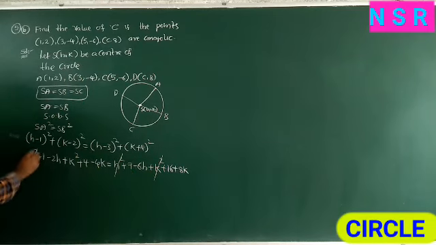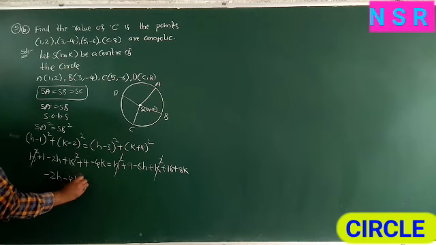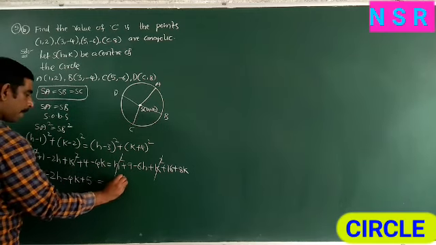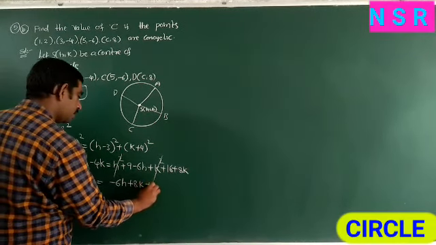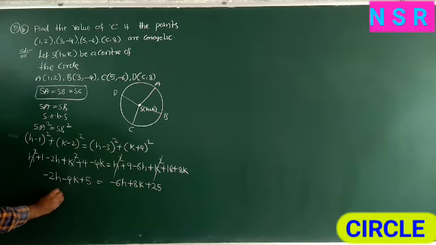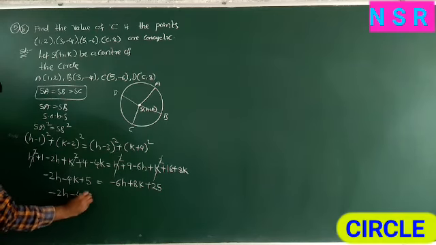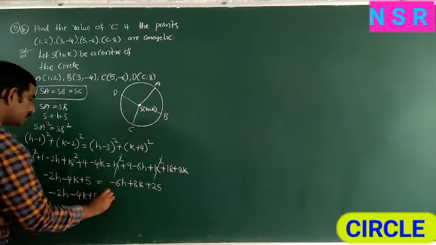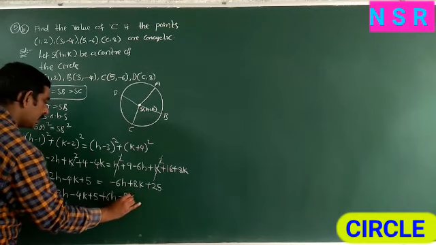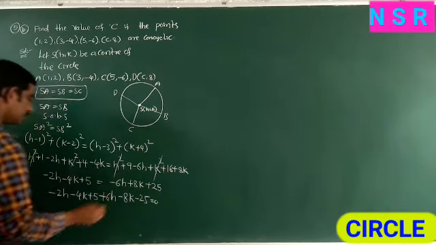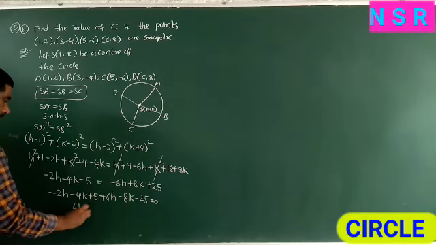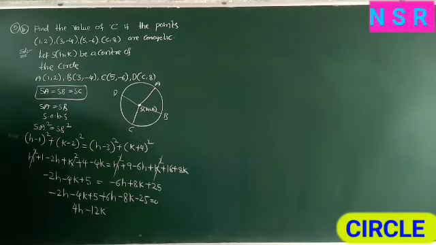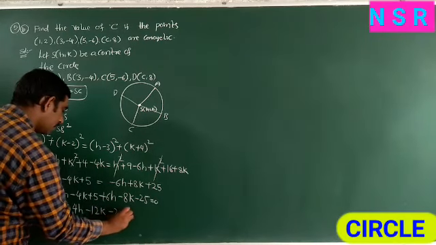Now both sides h² and k² get cancelled, we get −2h − 4k + 5 equals −6h + 8k, 16 + 9, 25. So these terms move this side: −2h − 4k + 5 + 6h − 8k − 25 equal to 0. So −2h + 6h is 4h, −4k − 8k is −12k, 5 − 25 is −20, equal to 0.